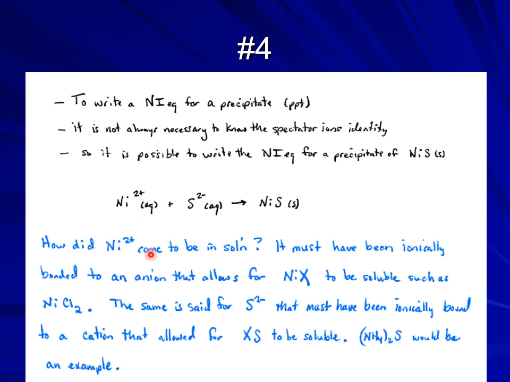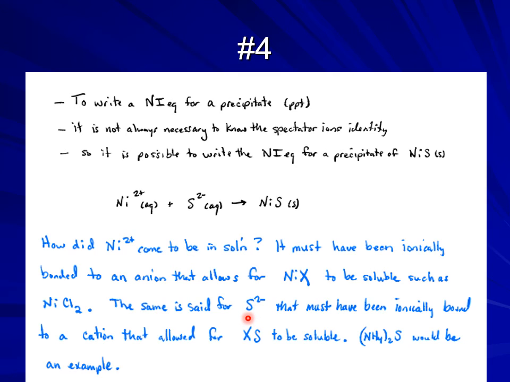Now, check this kind of addendum down here. How did nickel 2 come to be in solution? Honestly, I don't know. But what I can say is it must have been ionically bonded to some anion that allows for Ni2+ to be soluble, such as the example nickel 2 chloride, which would be soluble. The same can be said for the sulfide ion.